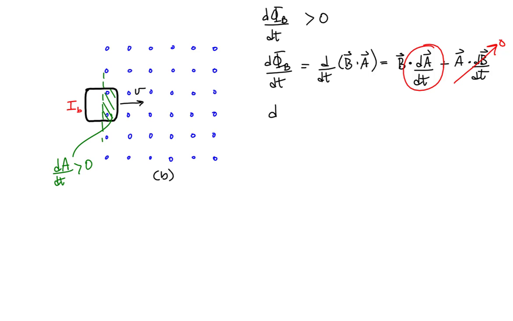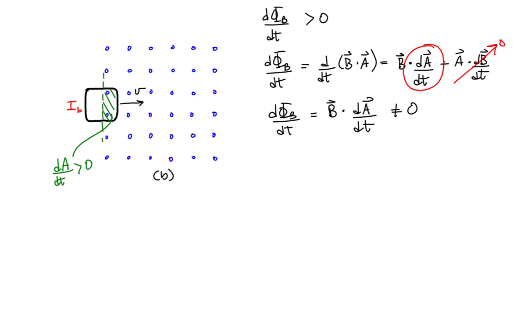Since there is a time rate of change of the area, we could say that the rate of change of the magnetic flux is given as the dot product of the magnetic field with the time rate of change of the area. And since this quantity is not equal to 0, that must mean that there is a current induced in the conducting loop to oppose the change in the magnetic flux.